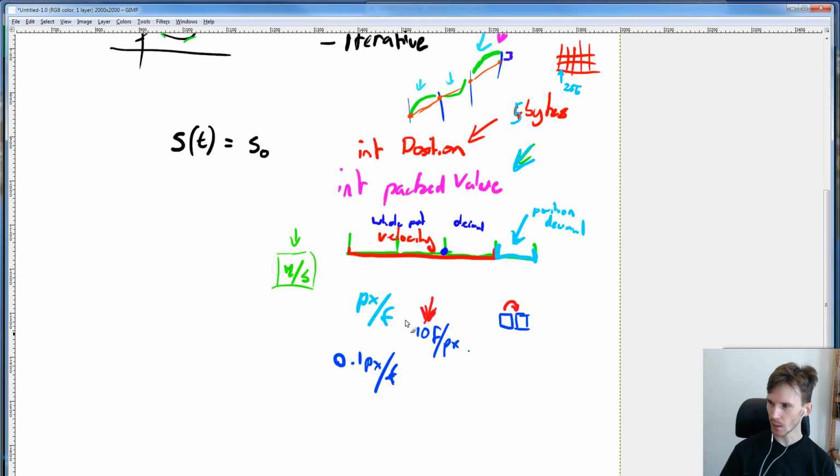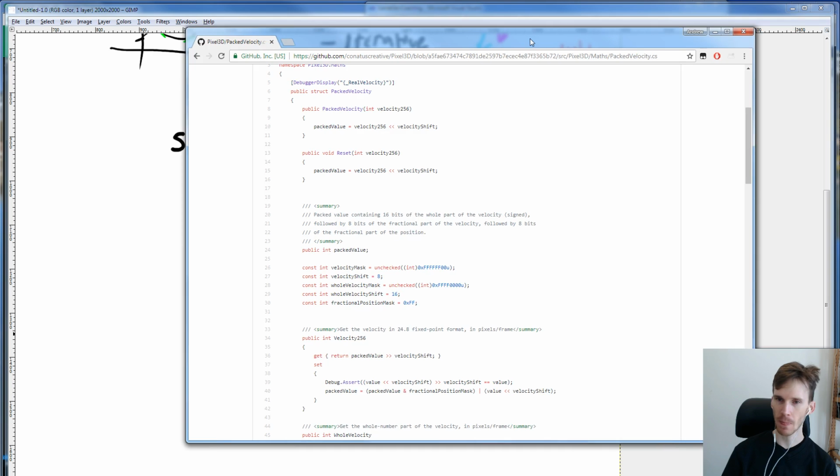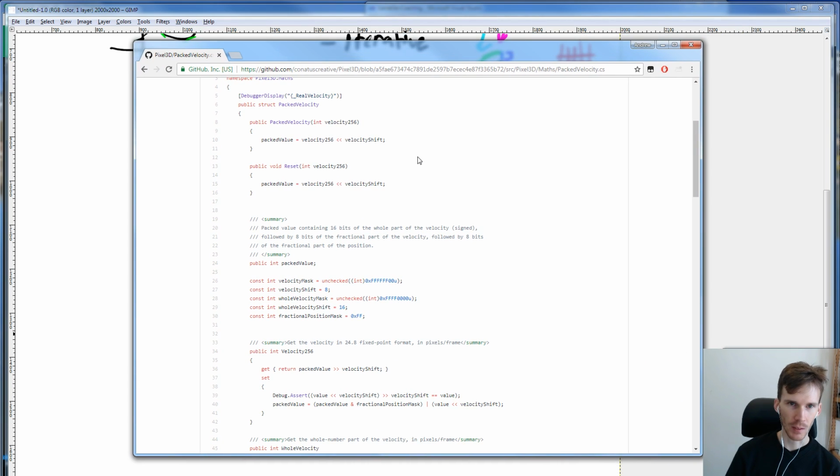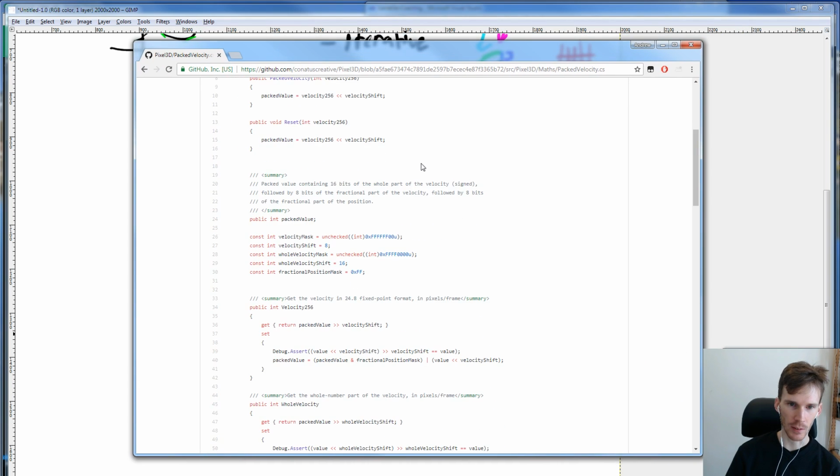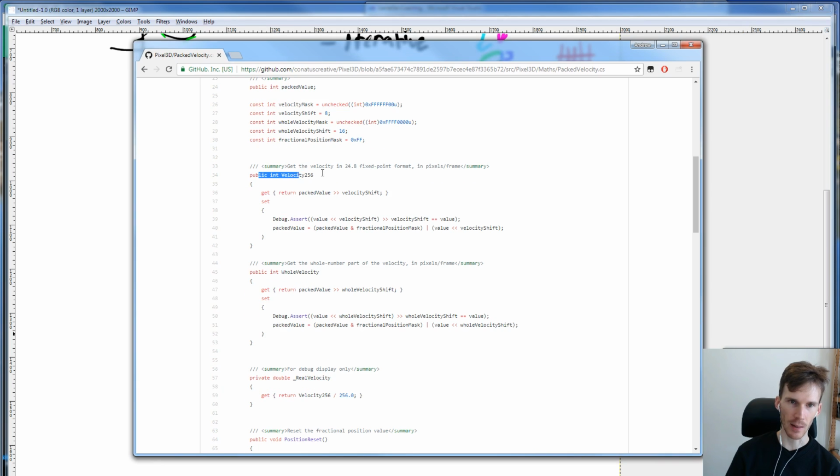And then the code for this is, in fact, I think I'll probably end up looking at this in more detail later, but we get out the velocity in 24.8 fixed format. So that's where shifting it up by whatever the shift is, and then we're masking out the position. Okay. Oh yeah. Sorry, I've got that backwards. Yeah, we're shifting it down.